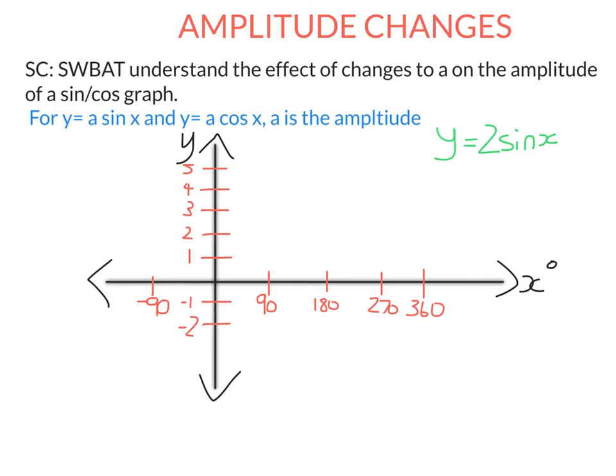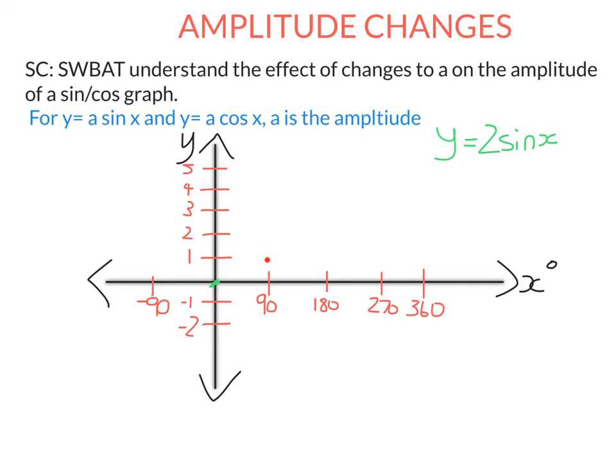So how are we going to graph this? Well, essentially, we're just taking the graph of y equals sine x and multiplying the y coordinate by 2. We know that for the sine graph, it goes through the origin, so that doesn't change. Now, at 90 degrees, sine reaches a maximum. Normally, it goes up to here at 1.